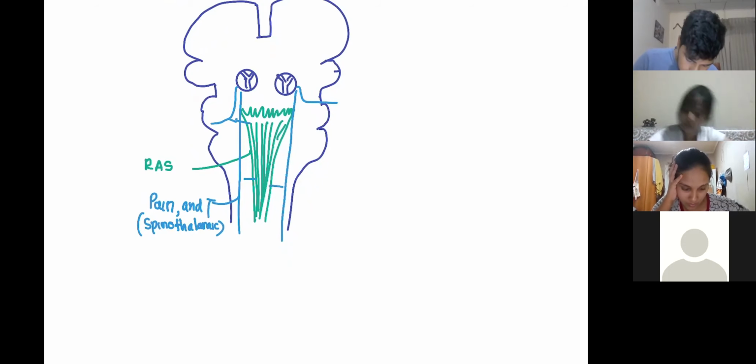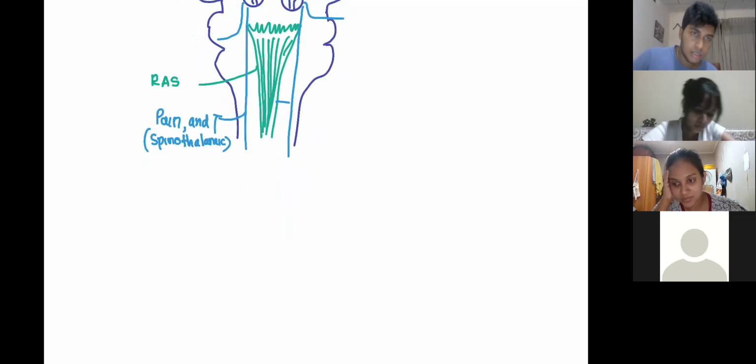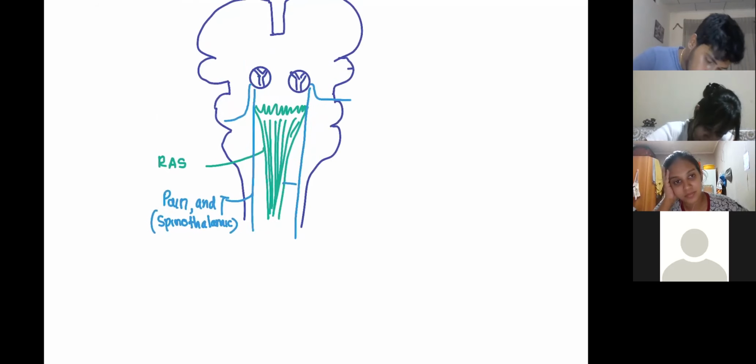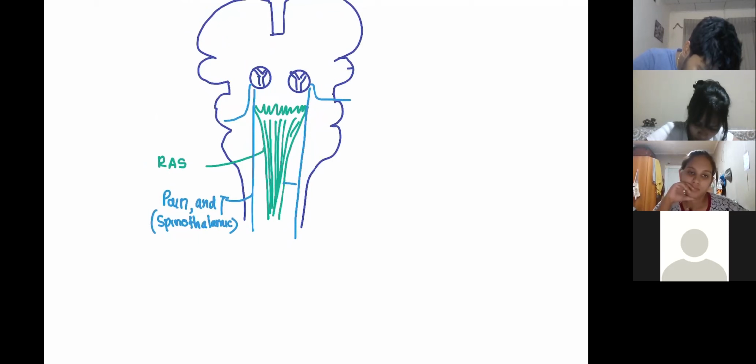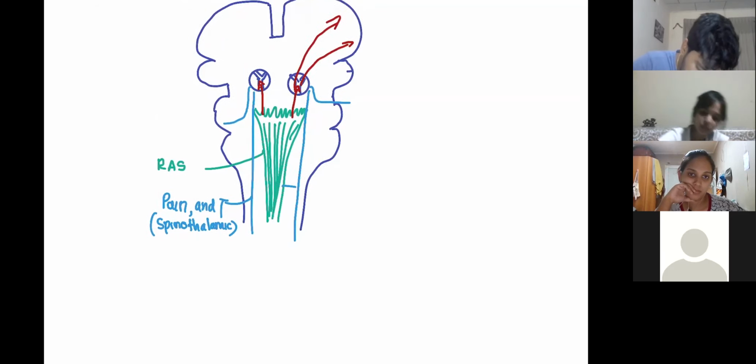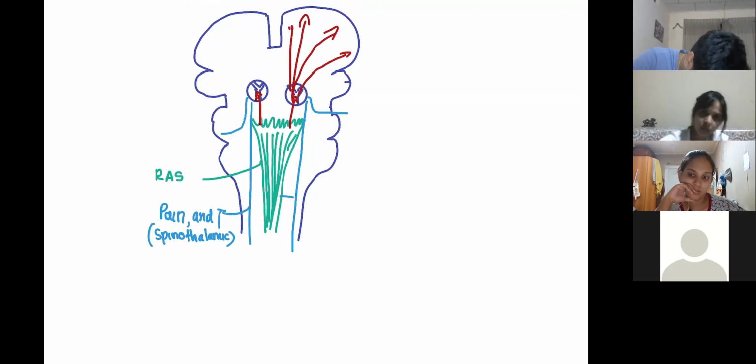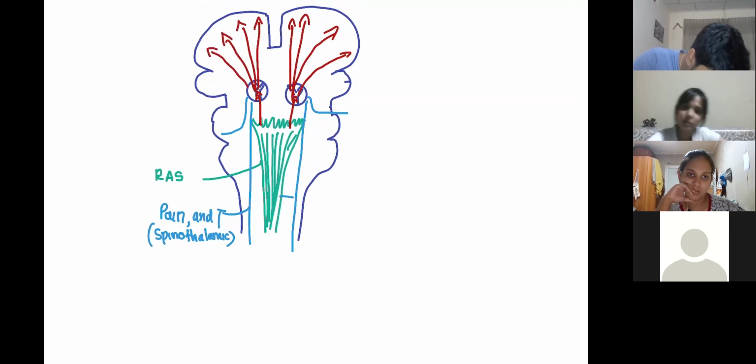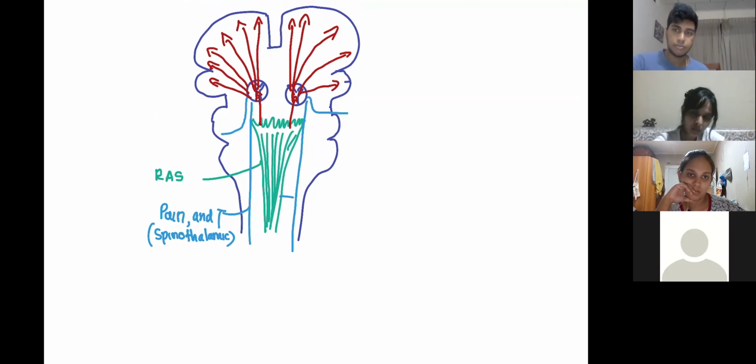So basically it receives pain and temperature from both the face and the lower body. It comes to the thalamus, and the thalamus basically activates the entire cortex. This is how the body makes sure that you're awake and functioning.